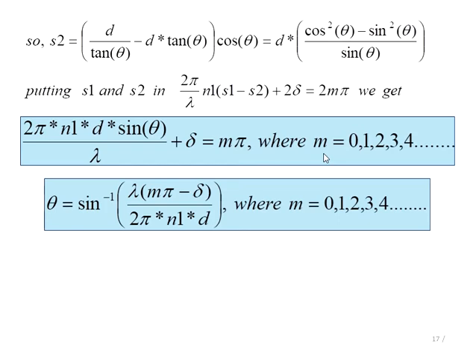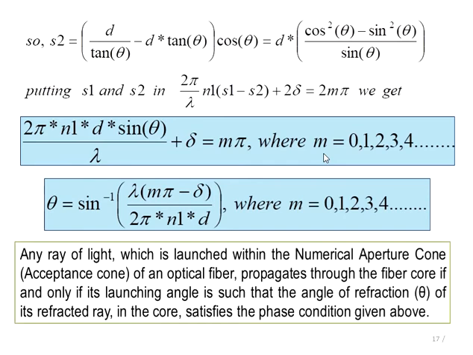The significance of this equation is that only those rays which are incident within the acceptance cone, and whose angle of refraction in the core satisfies this condition, can propagate through the fiber. If we see in the equation of theta, m can take only a discrete number of values. That indicates this theta will also have only discrete values.